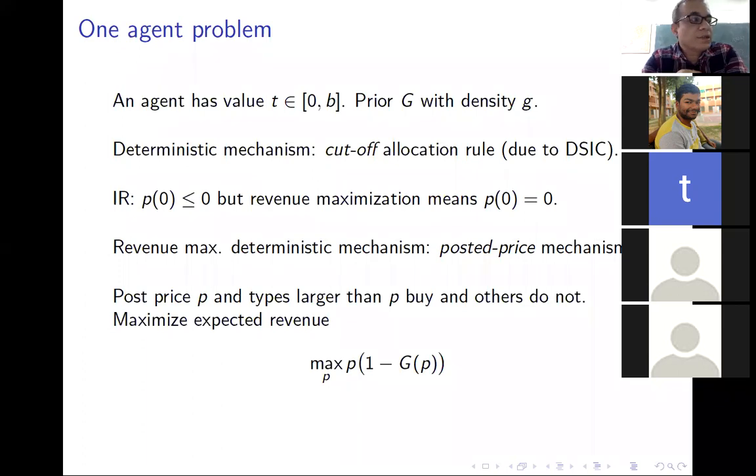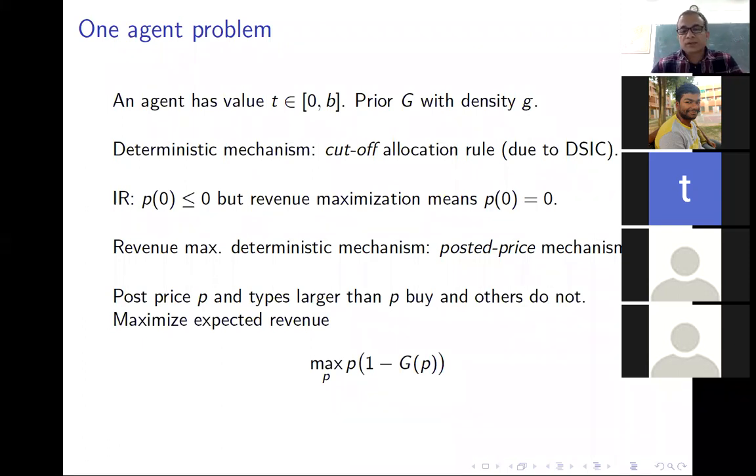And basically, even there are a lot of non-trivial steps that need to be filled in. Okay, yeah. So there's a seller and there's just one buyer, and the question is what is the revenue maximizing mechanism for the seller. Okay, so the buyer's value is distributed between 0 and b with some prior capital G, which has a density small g, let's say.